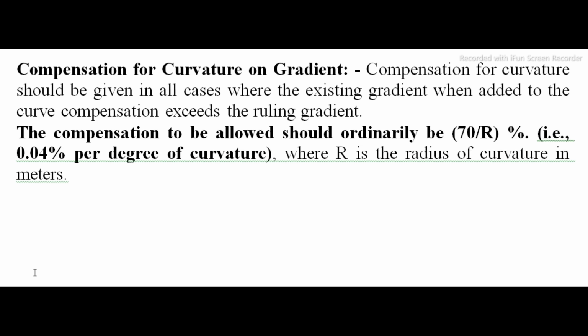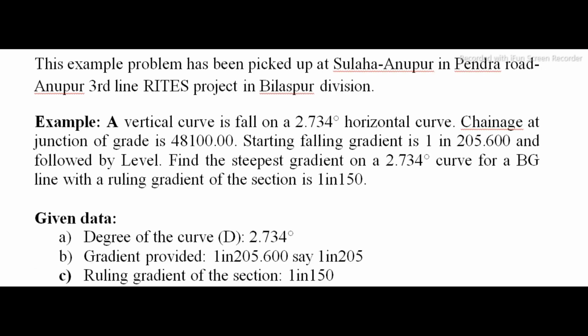Okay friends, we shall move further with the solved problem. This example problem has been picked up at Sulha Anupur in Pandra Road, Anupur third line project in Bilaspur division. Example problem. A vertical curve falls on a 2.734 degree horizontal curve. Chainage at the junction of grade is 481.00.